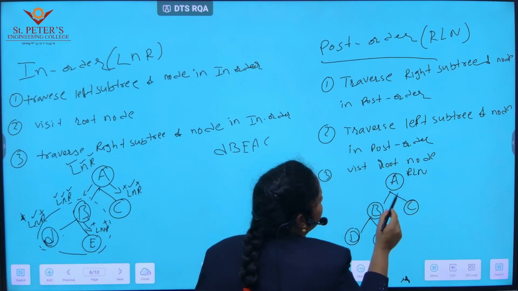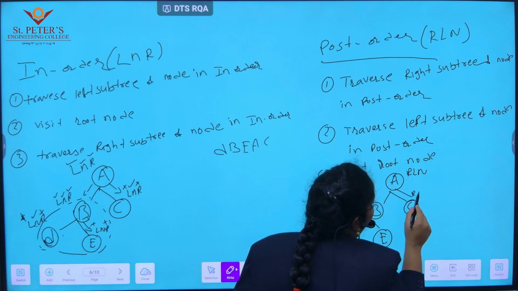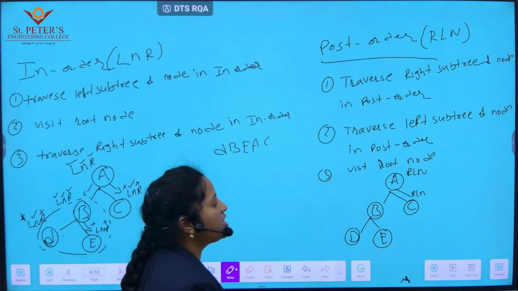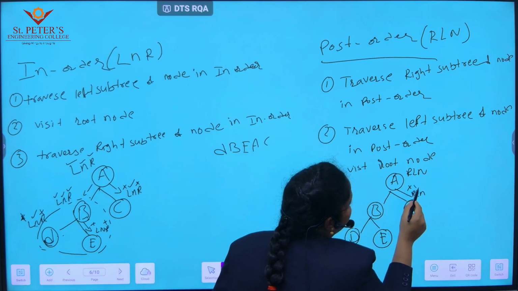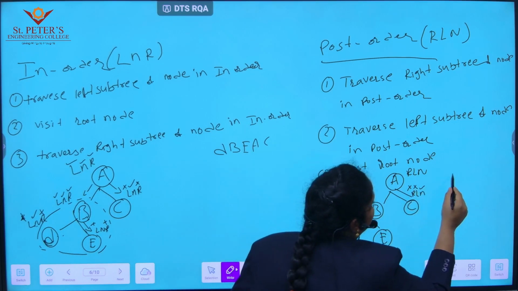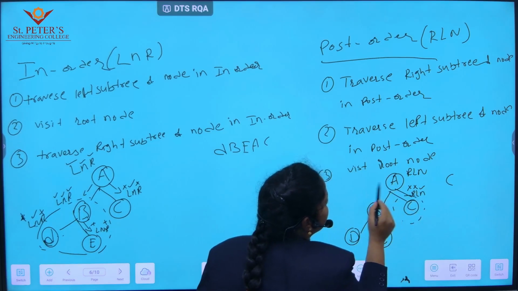So first visit the right part of this node. Again we have to apply same three steps. So any R is there? No R. L is there? No. Node is there? Yes. Node is C. Next, complete right part of this A is completed.